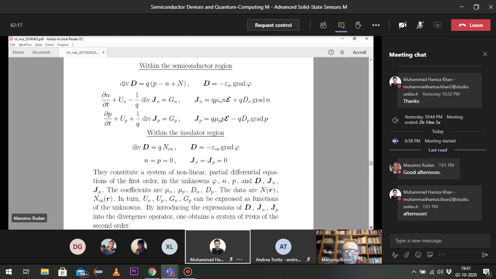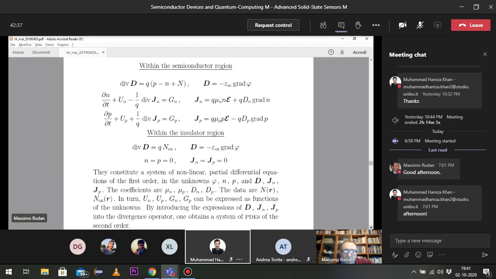If you bring the expression of D from the second equation on the first line under the divergence on the left, you obtain a single equation with the Laplacian of phi equal to the charge density, okay?